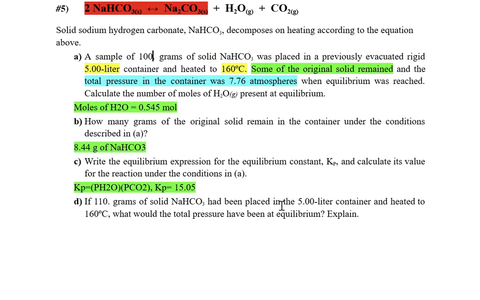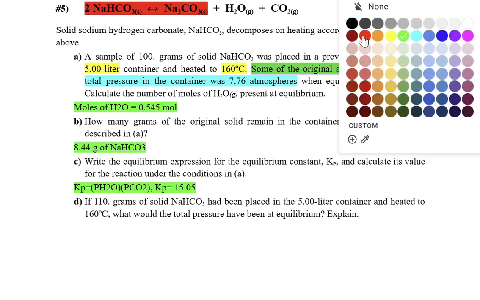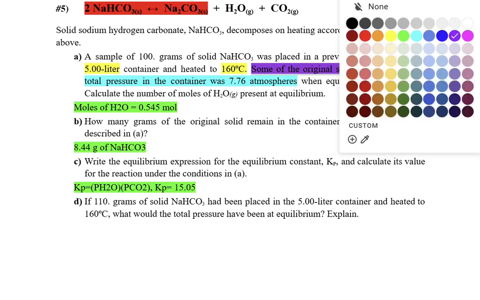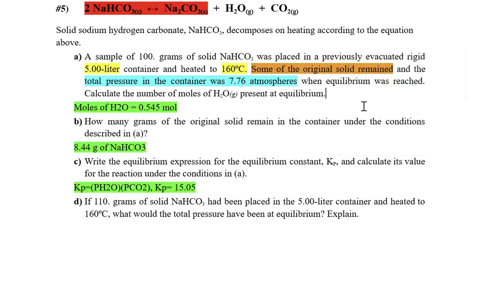Here is where this part becomes very, very important. I'm going to highlight this in a different color. Let's do orange. It says some of the original solid remained just by using 100 grams, and it gave us this pressure.